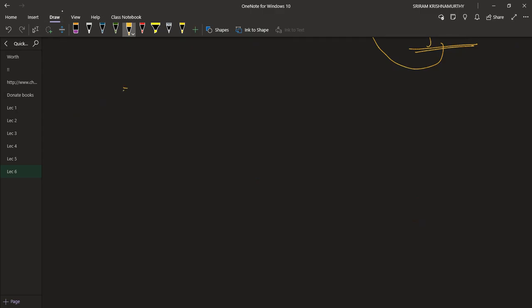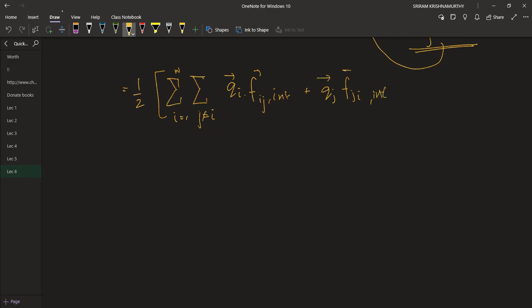So this just goes on to split Fij into two separate components.